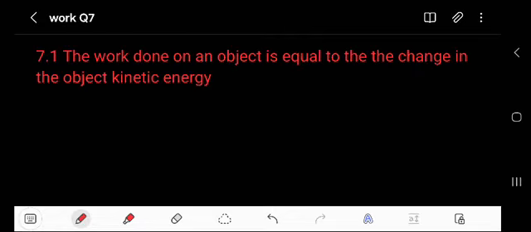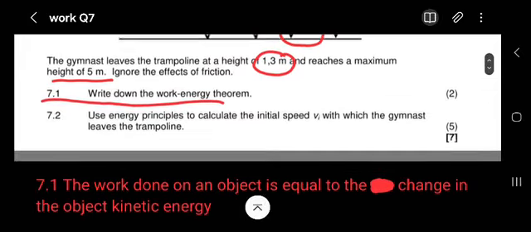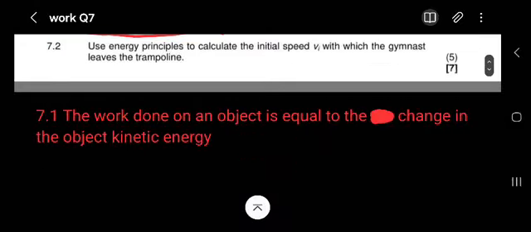I made a mistake, so let me rub that one out. The work done on an object is equal to the change in the object's kinetic energy, right? That is the work energy theorem.